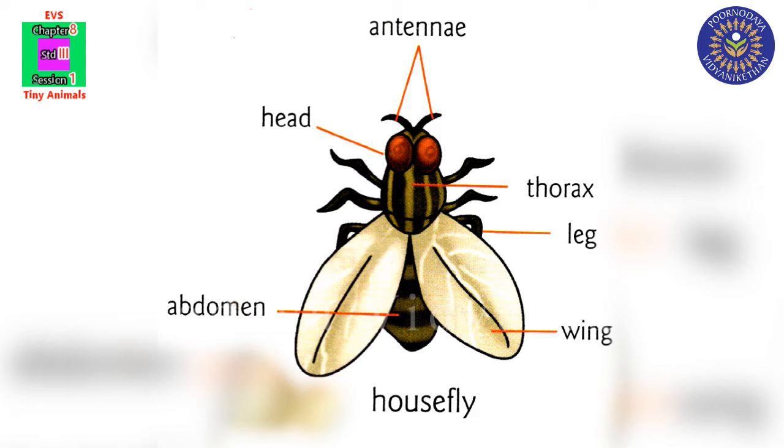Their body is divided into 3 parts: head, thorax and abdomen. Some insects like flies have 2 wings.